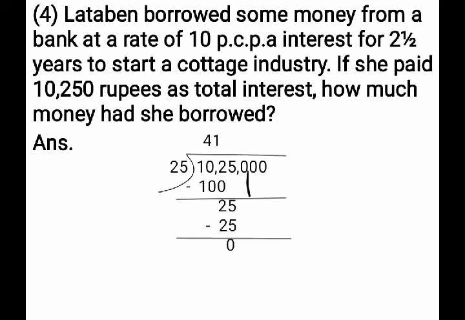This 0 you have to bring down now. 25 zeros are 0. 0 minus 0, 0. The second last 0 you have to bring down now.